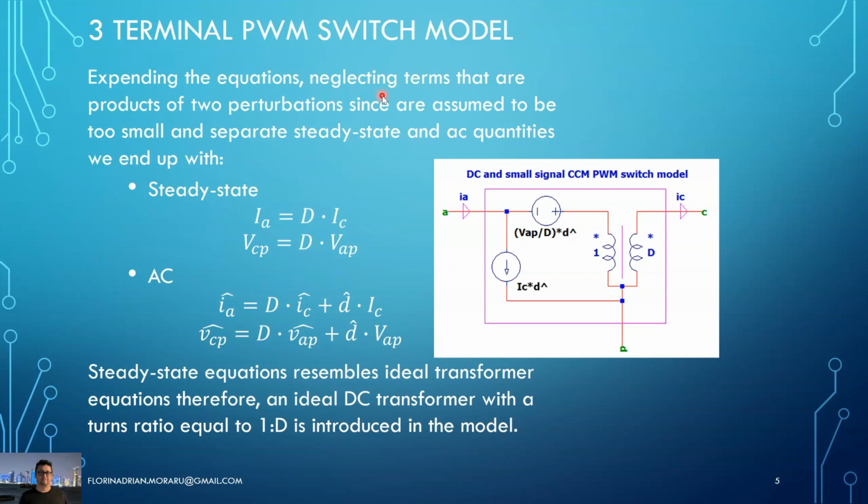But we will neglect those terms because we assume the perturbation is small enough compared to the DC level or DC operating point. The product of two very small perturbations is a very small term, and that term can be neglected.